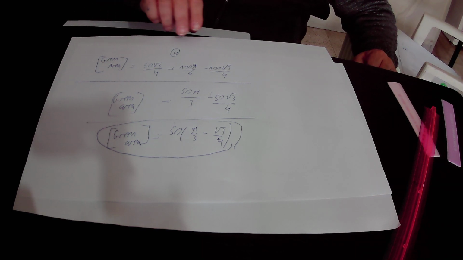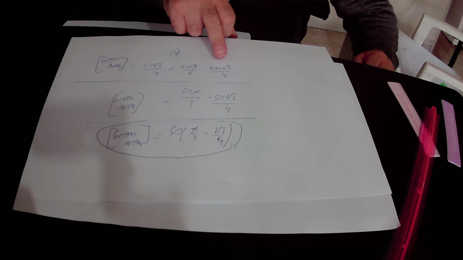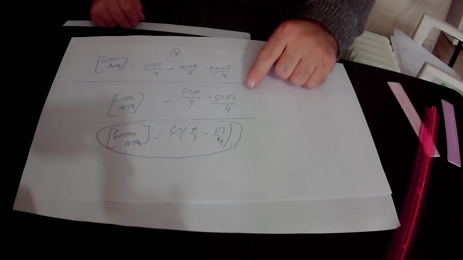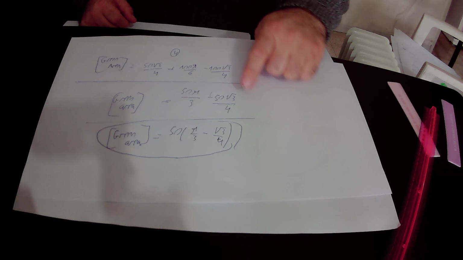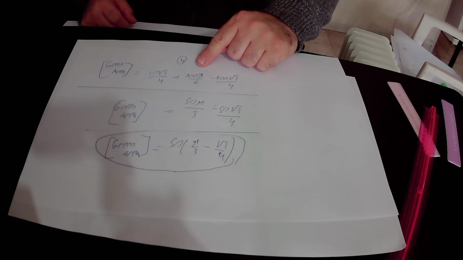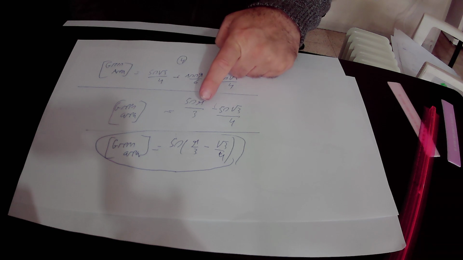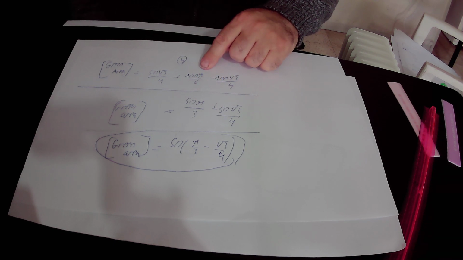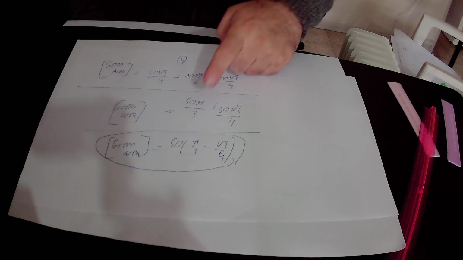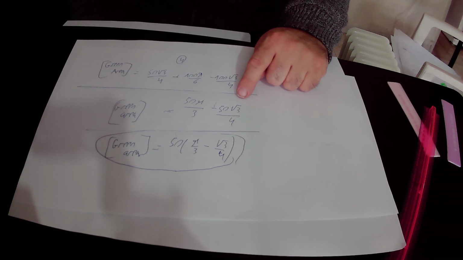And here we have 50 times square root of 3 over 4 minus 100 times square root of 3 over 4 is minus 50 times square root of 3 over 4. And here we have 100 pi over 6. We divided both the numerator and the denominator by 2, and we got that 100 over 2 is 50, and 6 over 2 is 3. So in conclusion, this expression equals 50 pi over 3 minus 50 times square root of 3 over 4.